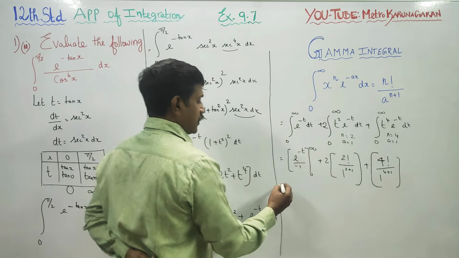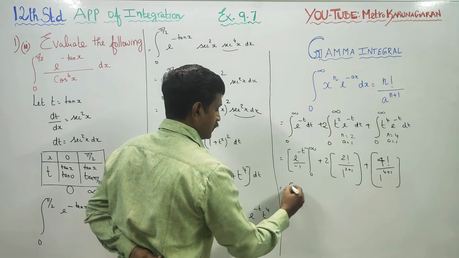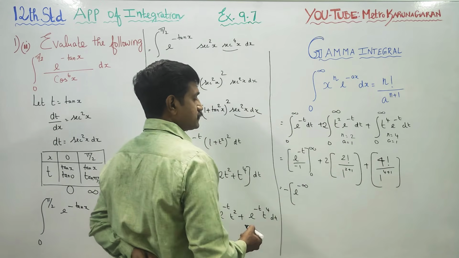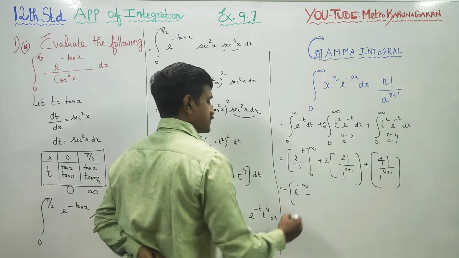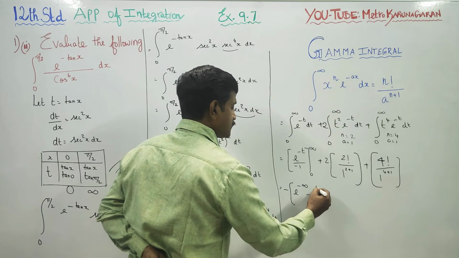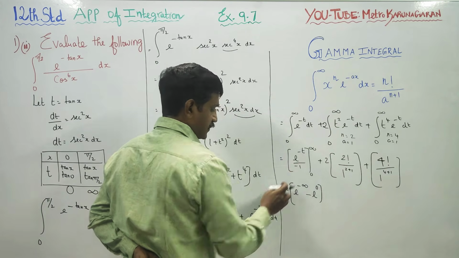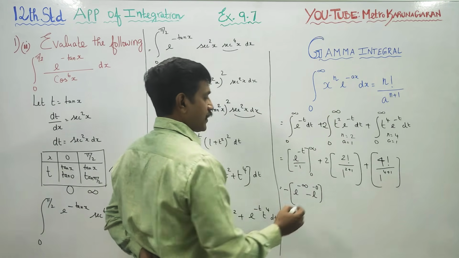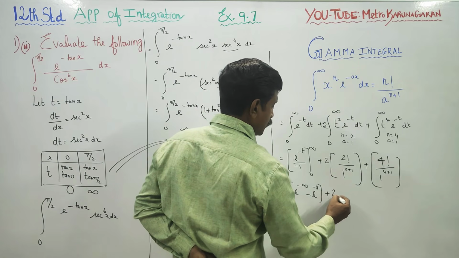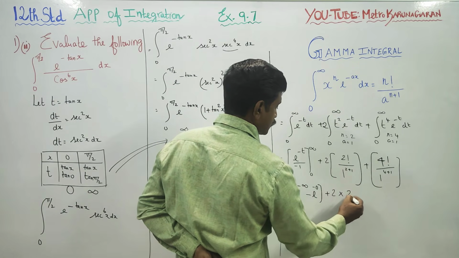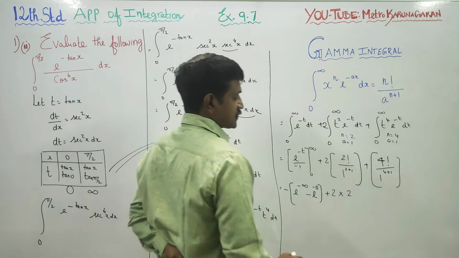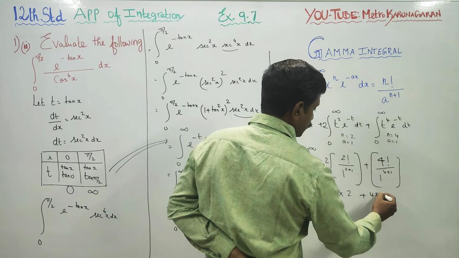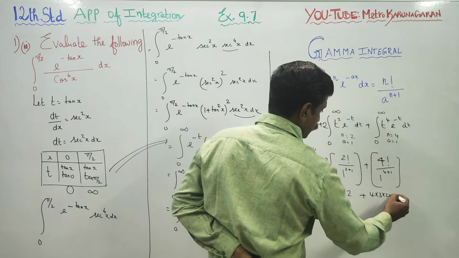Upper limit minus lower limit, I take the minus outside. Upper limit is e power minus infinity minus e power 0. Plus 2 into 2 factorial is 2; 1 power anything is 1, just leave it. 4 factorial is 4 into 3 into 2 into 1.